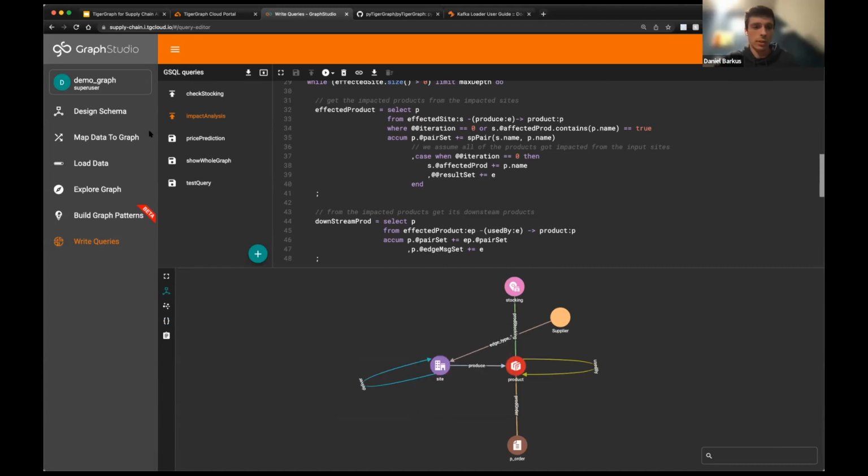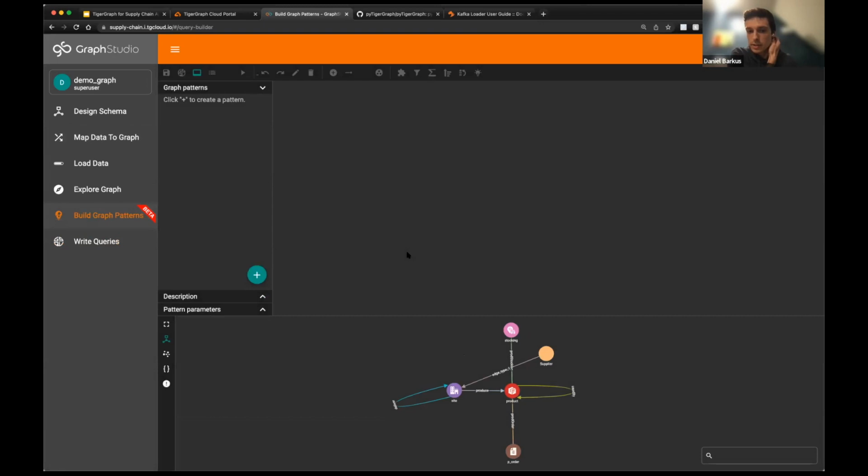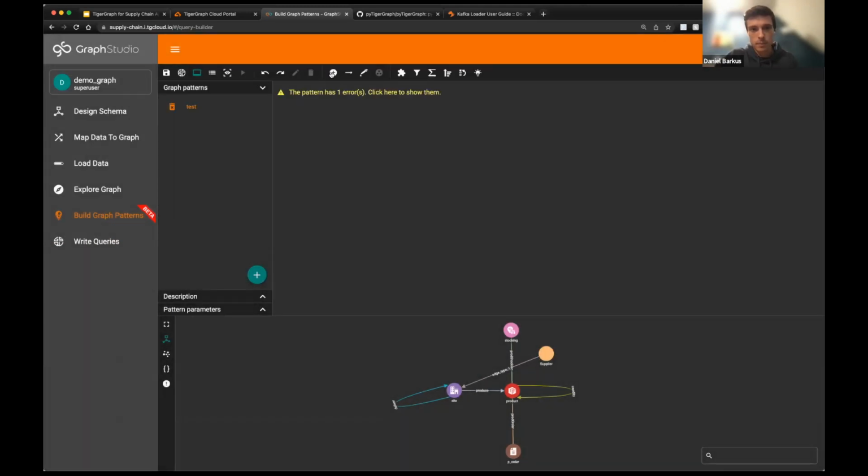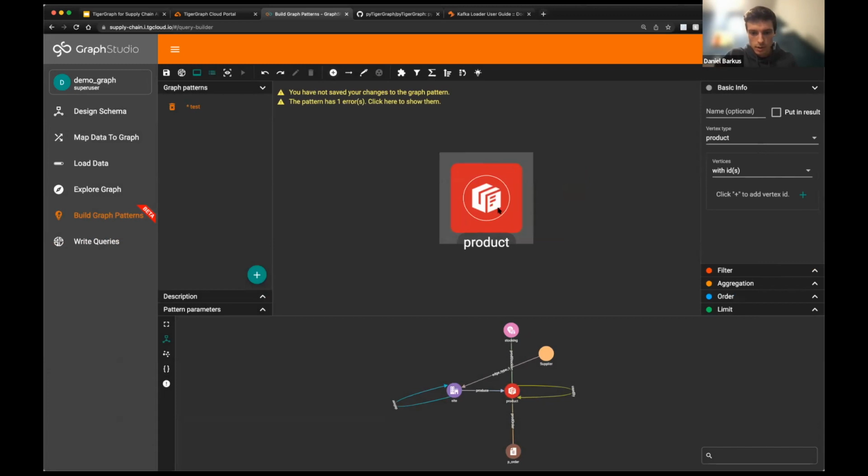That's how we write it in GSQL, but with build graph patterns, we can easily just make a test pattern. And we can say start from a site. Sorry, I just have all the Zoom stuff over my screen.